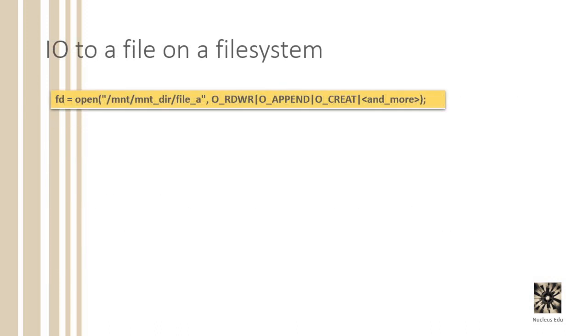So we're going to move to our next variation, where we change the path to the block device to the path to a file in a mounted file system, the name of the file being file_a, as the first parameter.